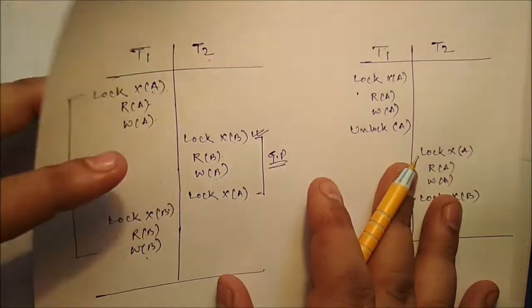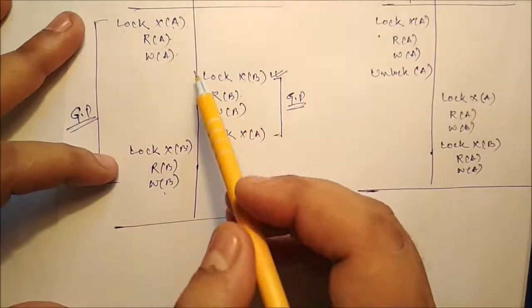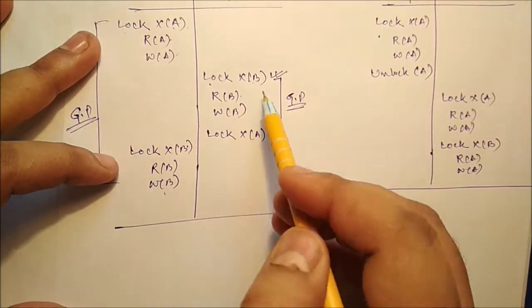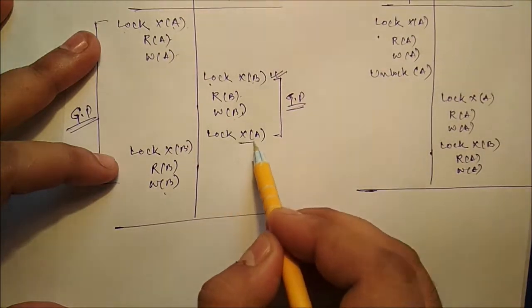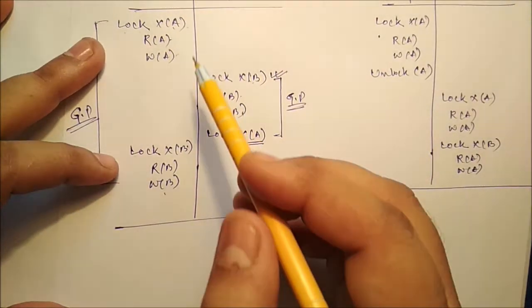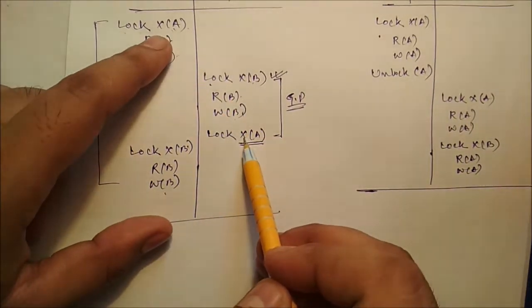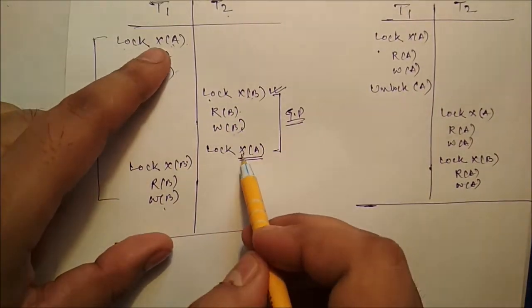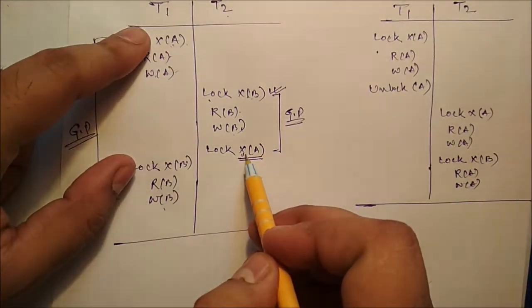Now we can see in this particular example, after executing the B part, T2 needs to access the A variable. But T1 is already using the A variable and both locks are non-compatible, they are not compatible with each other. That means T2 must wait for T1.